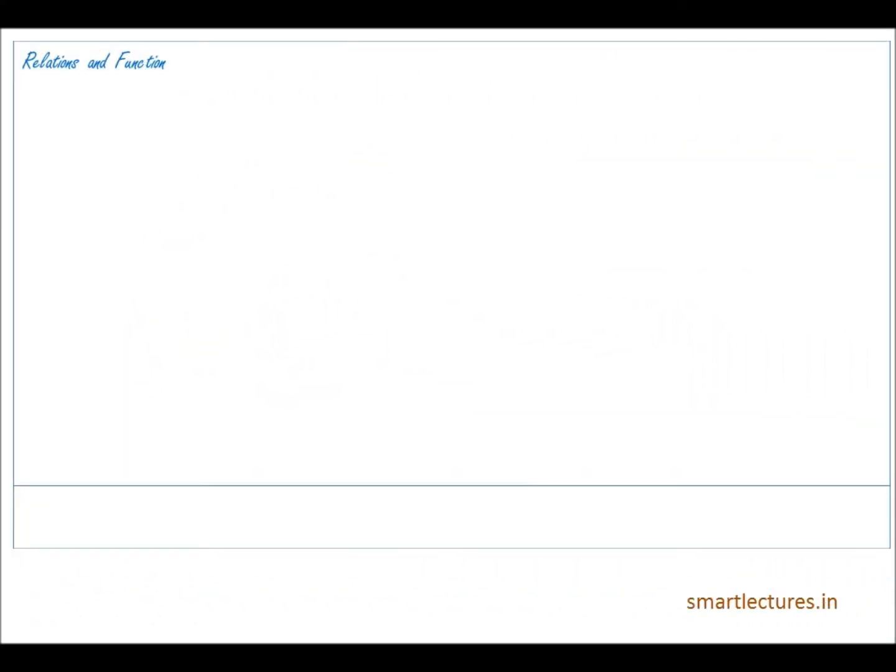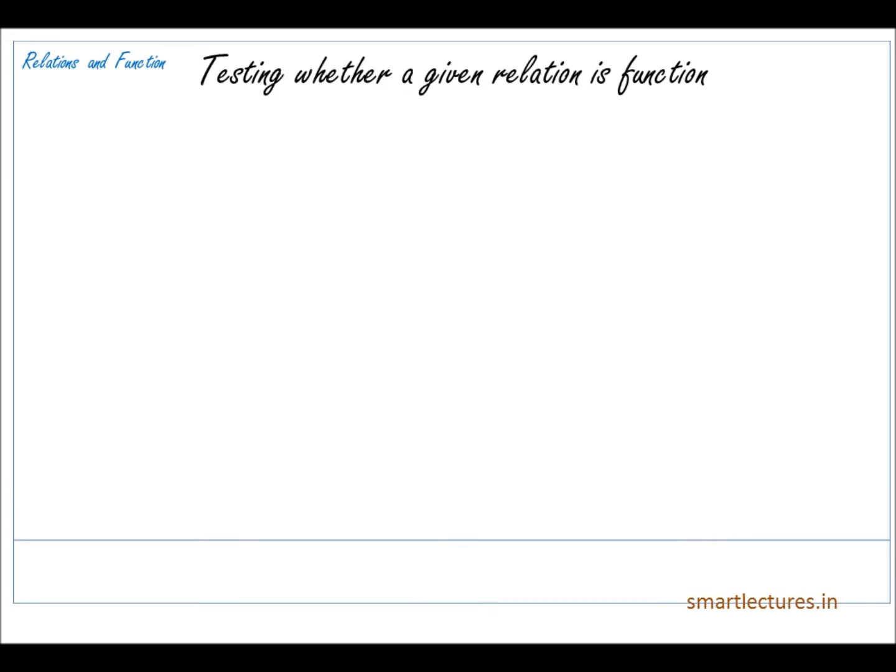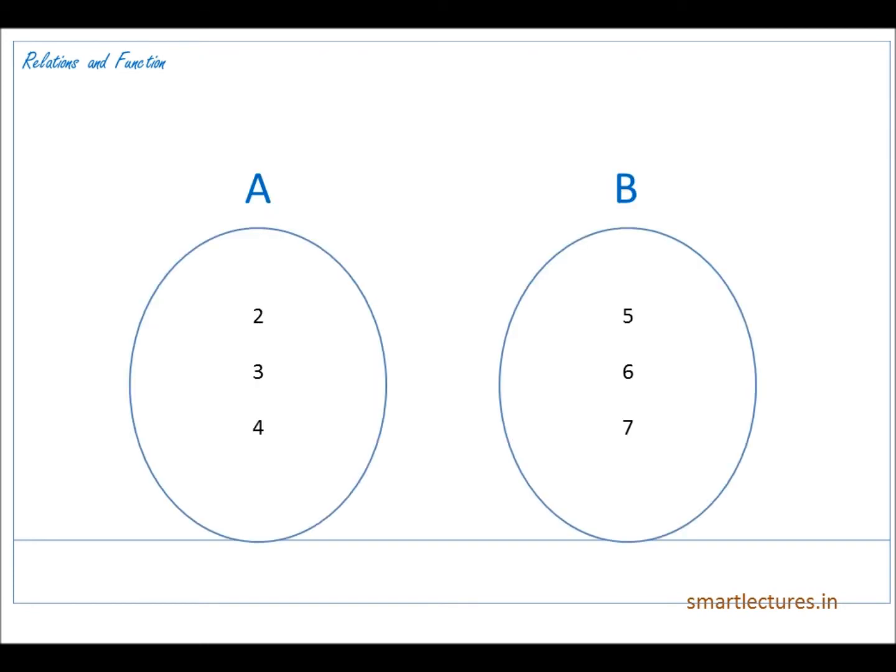Now let's take some examples and test whether they are functions or not. In our first example, we have two sets, set A and set B. Here set A contains 3 elements, 2, 3 and 4, and set B contains 3 elements, 5, 6 and 7.